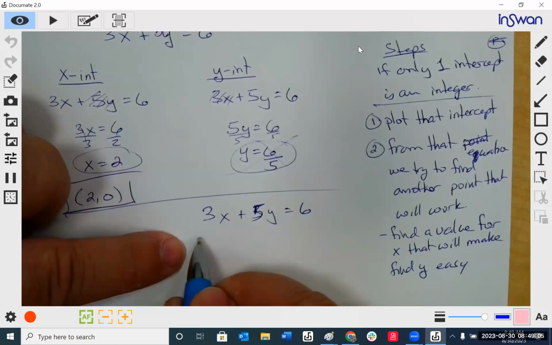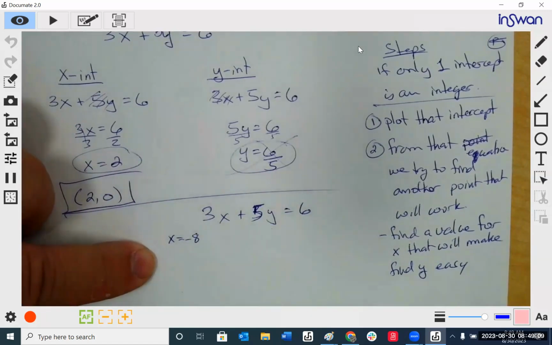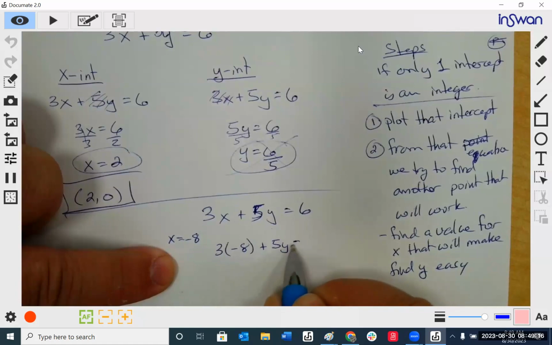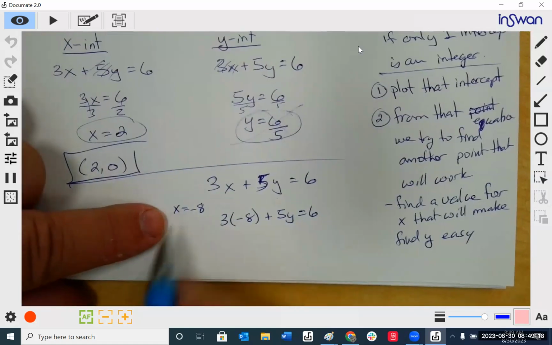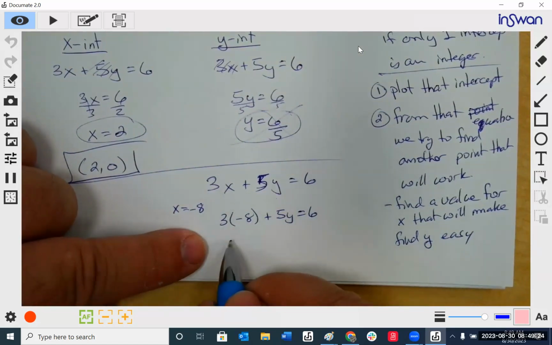It's 30. So if x equals negative 8, and we plug it in there, 3 times negative 8 is what? Negative 24.